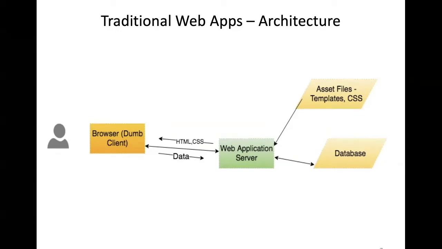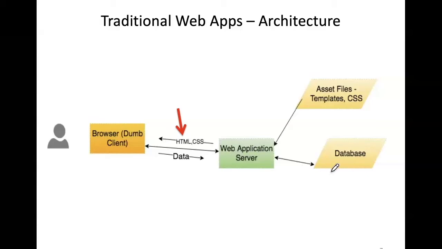There was only one server. So the way they worked is the user visited the particular web app. That caused the browser to send the request down to this web app server.